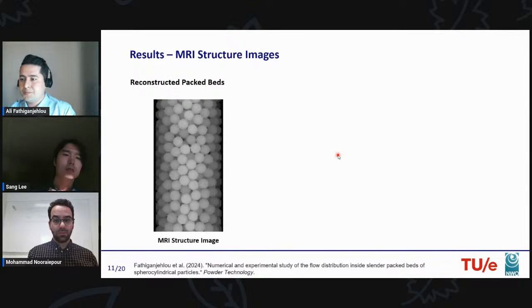Here you can see a structure image of the packed column imaged using MRI. From this 3D structure image, we can obtain a PNM. We tried this, but we noticed that because of the resolution limitation of MRI, the obtained pore network model was not of high quality. So we decided to do another approach.